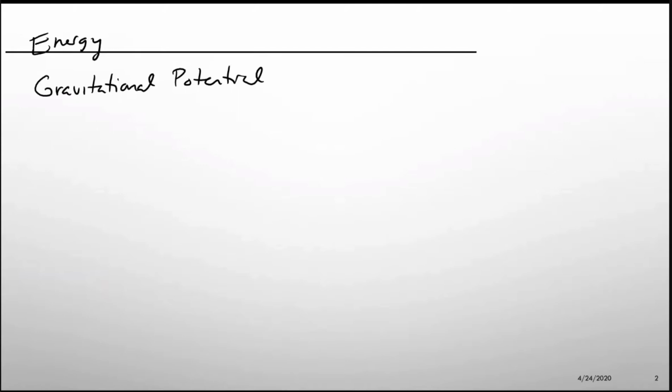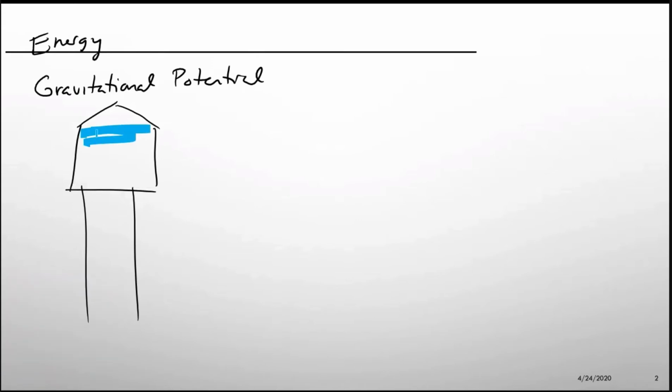That's why water towers work, because you have your water tower up here. It is full of water. Yep, that's right, water. And then it is at some height above the ground. So it has potential.